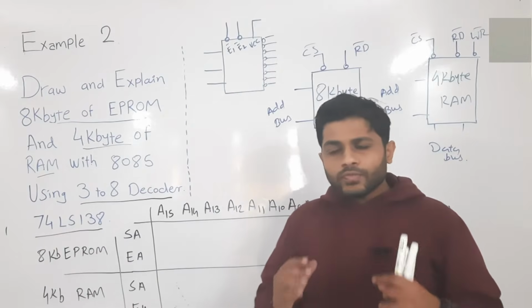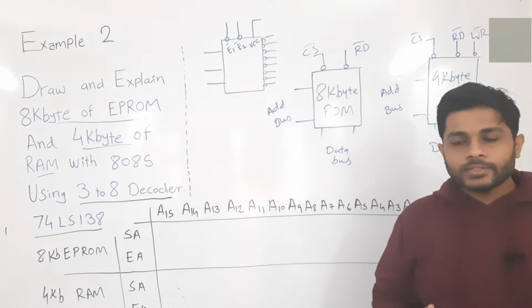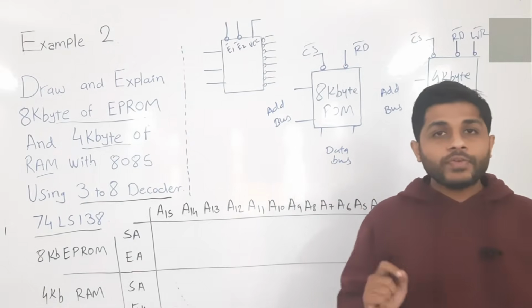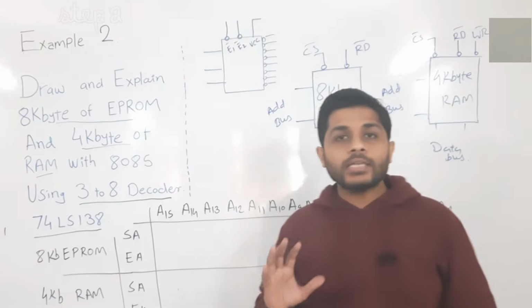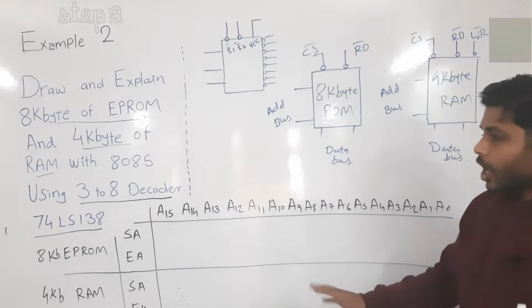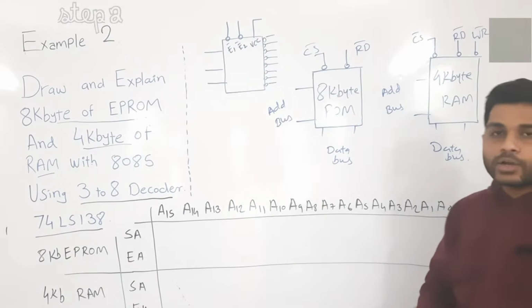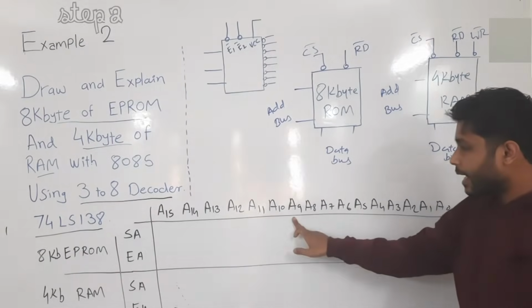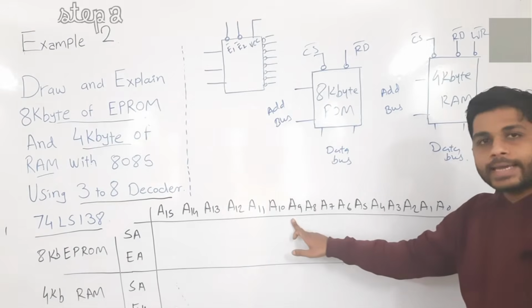To find the starting address and ending address for each chip, the first thing you need to find is how many address lines are required for that particular chip. So let's find how many address lines are required for 8 KB of EPROM. Students, if you provide A0 to A9, it means total 10 address lines.